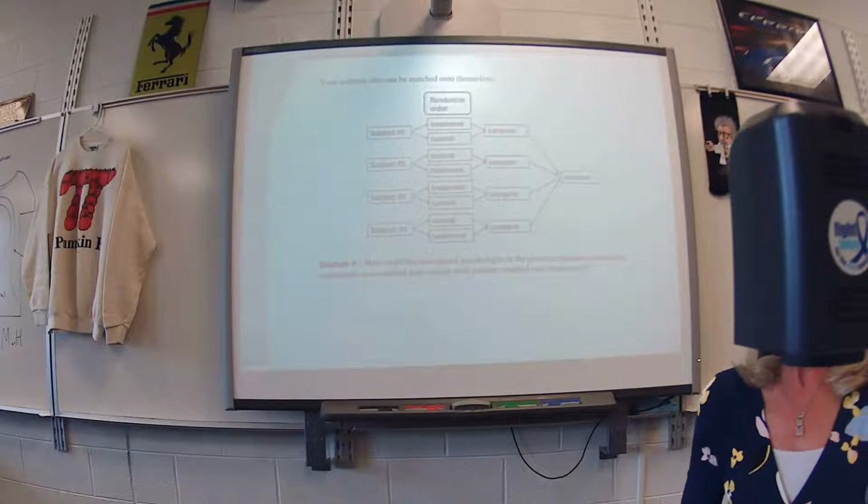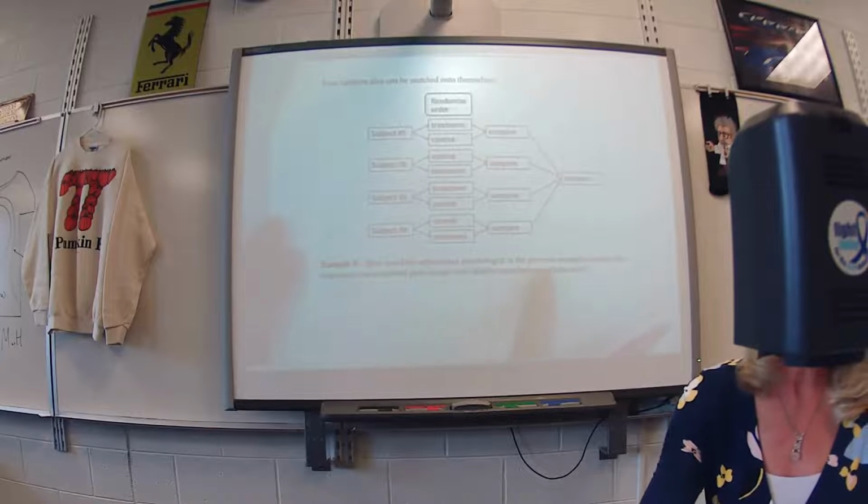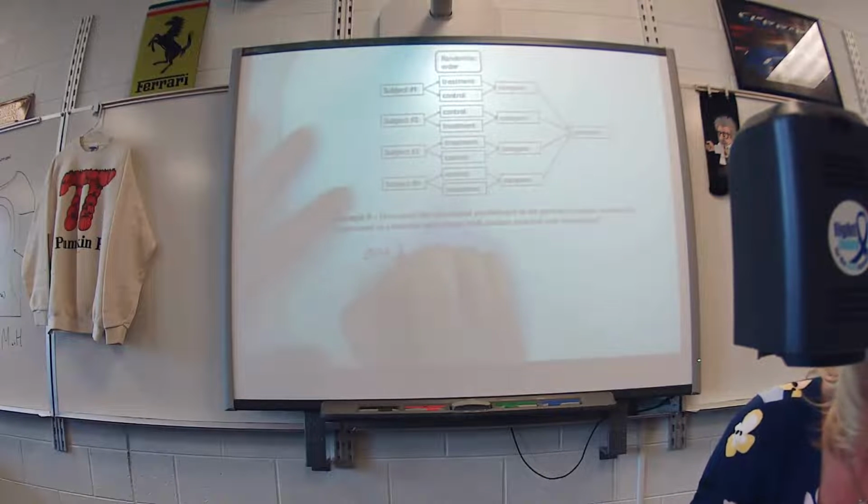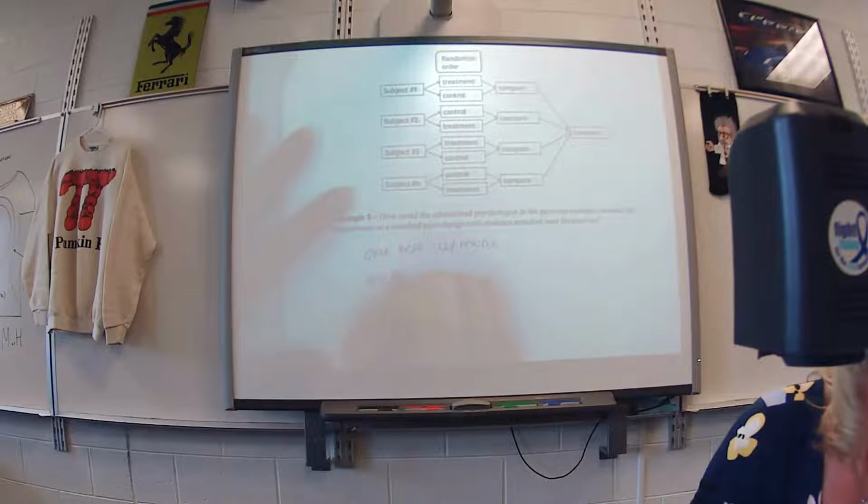Okay, so how could the educational psychologist conduct the experiment as a matched pair design with students matched onto themselves? We could do one test with music and then one test without music.